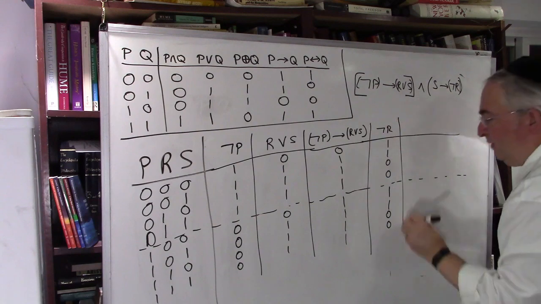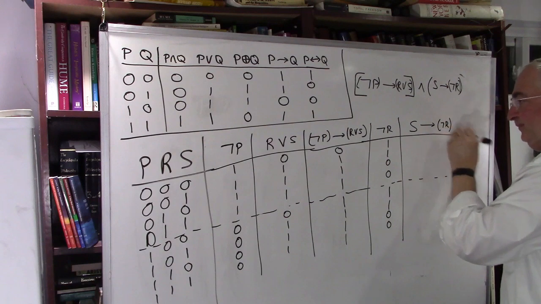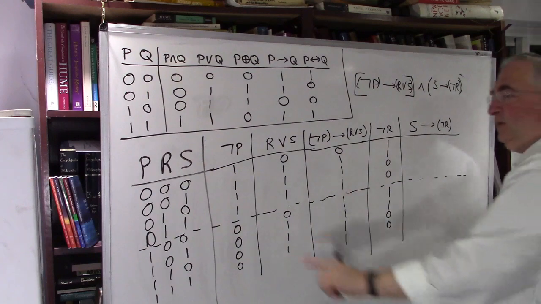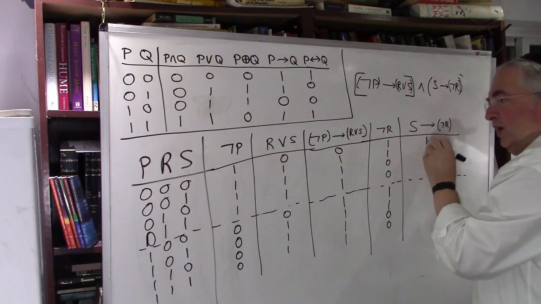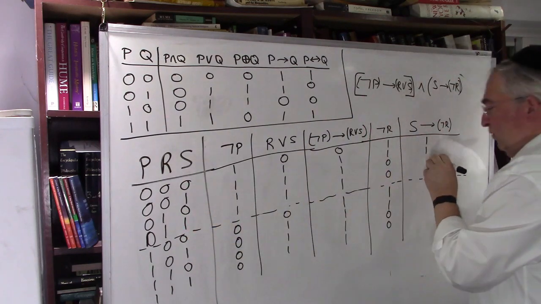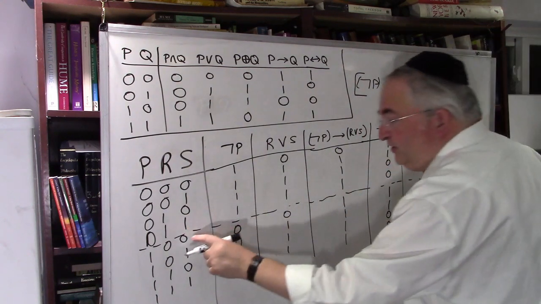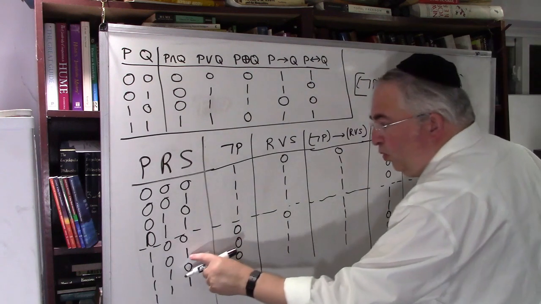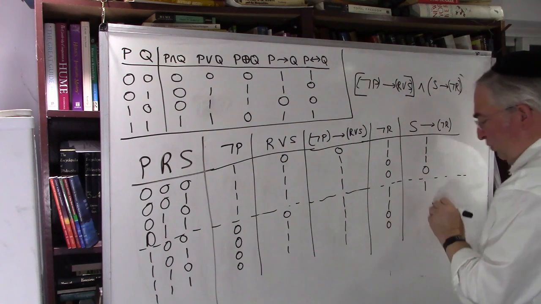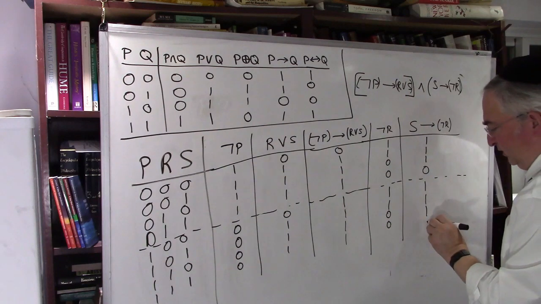And now we're going to do S arrow not R. So 0 arrow 1 is 1. 1 arrow 1 is 1. 0 arrow anything is 1. 1 arrow 0 is 0. 0 arrow anything is 1. 1 arrow 1 is 1. 0 arrow anything is 1. 1 arrow 0 is 0.